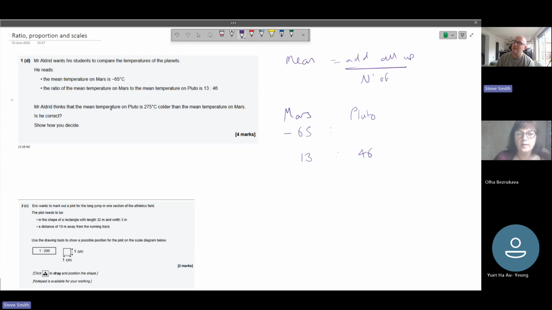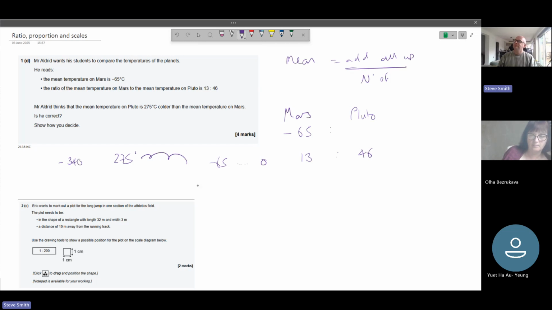Mr. Aldridge thinks that the mean temperature on Pluto is 275 degrees colder than the mean temperature on Mars. So if we're looking at 275 degrees colder than minus 65, he's saying to us that the temperature on Pluto is minus 340.